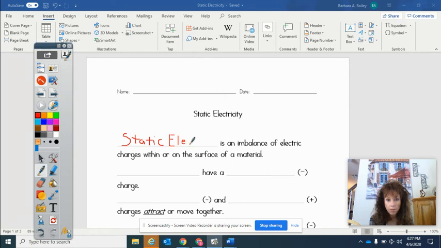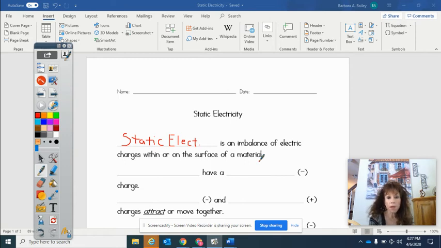But I'll just abbreviate static elect and put a period at the end since it's an abbreviation. Okay. So static electricity is an imbalance of charges, electric charges, within or on the surface of a material.